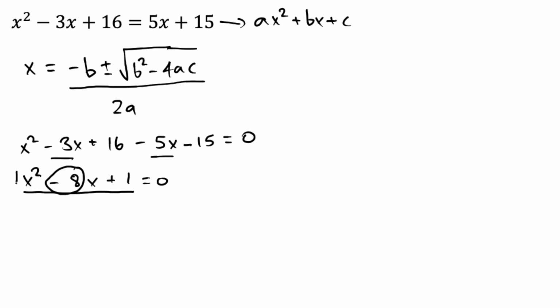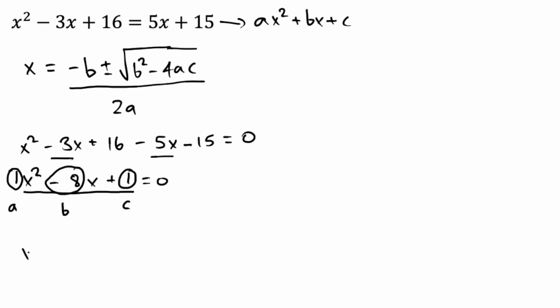There is an imaginary 1 which is our a term. This is a, this is b, and this 1 is our c. So using this, let's make the substitutions into the quadratic formula and see what we get as the final answer.